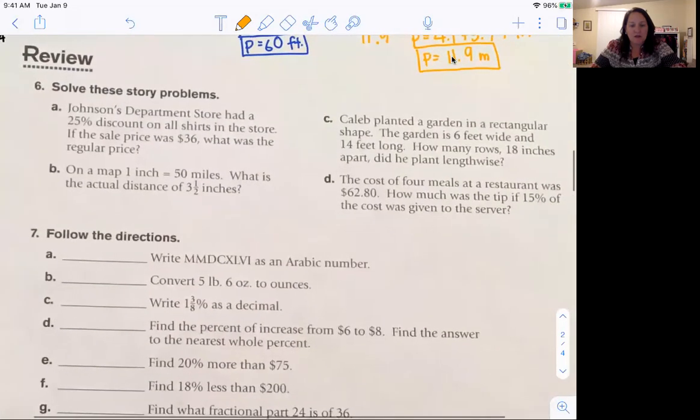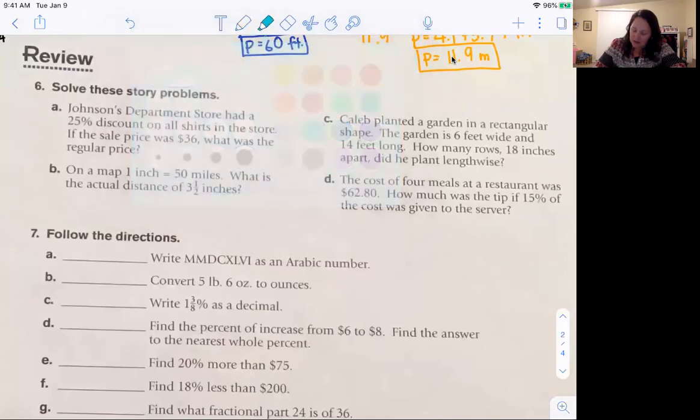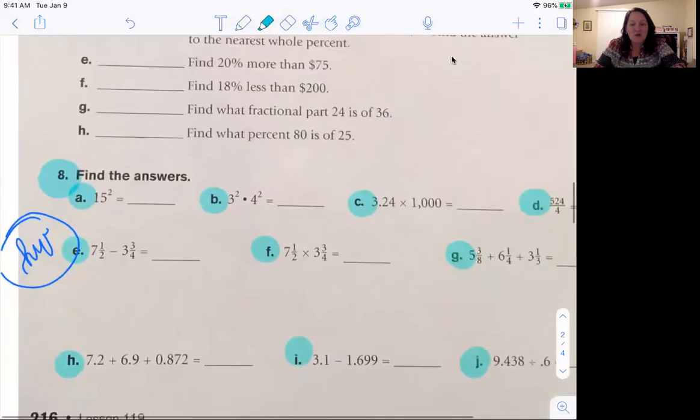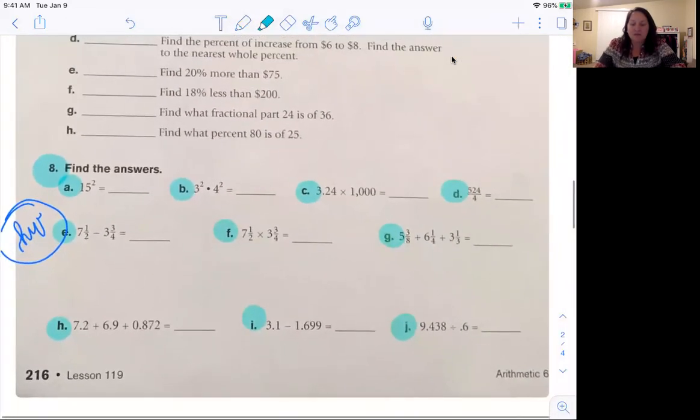Okay, so let's go ahead and look at what our homework's going to be tonight. These I would like to go over with you when we meet together. I really like to do these word problems so I can get your guys' input because I want to see how you guys are solving these. Okay, but your homework for tonight is 10 problems. It will not take you very long. A lot of these problems are like H. Let's look at H. H, you have to line up your decimals before you add.